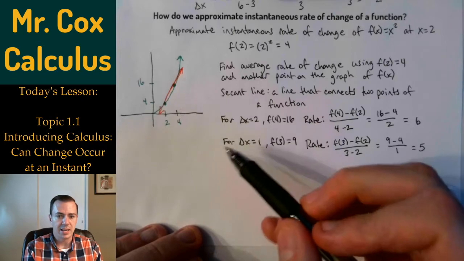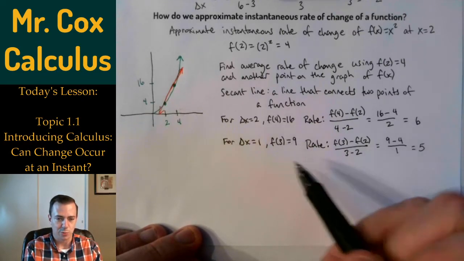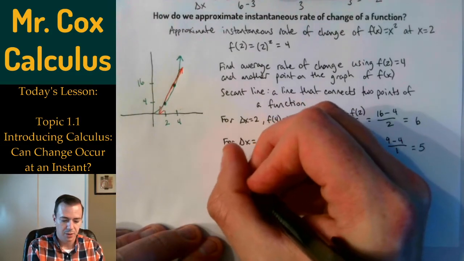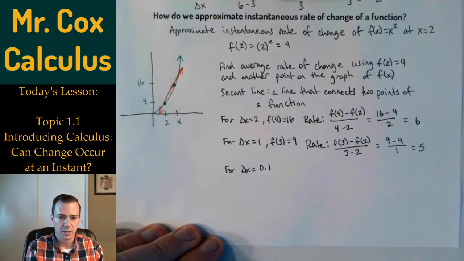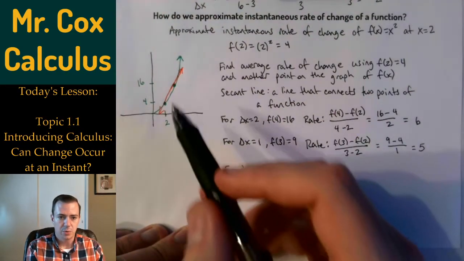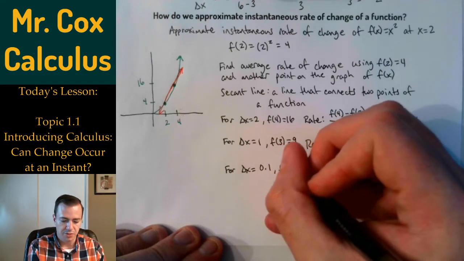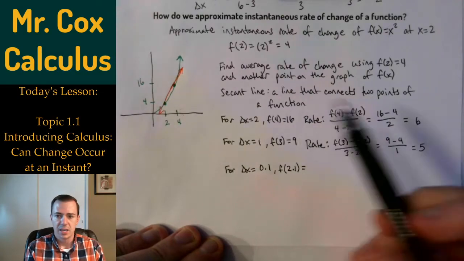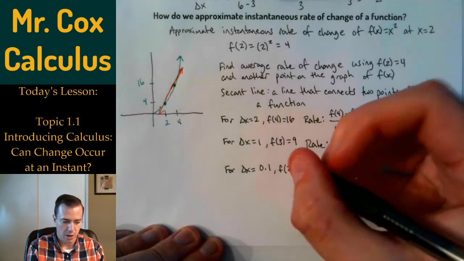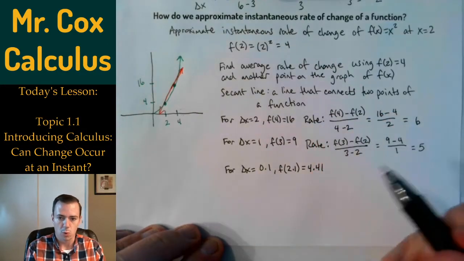Well, if I want to get even better, I can take delta x, where I was using 1, and say, okay, let's move it even closer and say delta x is going to equal 0.1. In other words, I'm going to use the point (2, 4), and I'm also going to use the function value at 2.1. And if you square 2.1, the number that you get is 4.41.